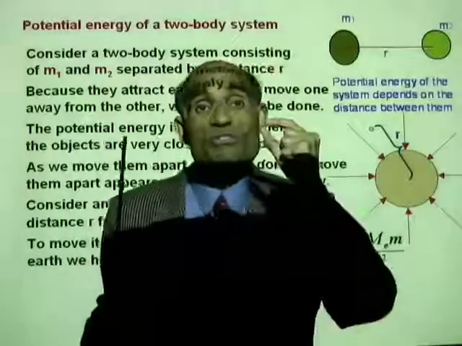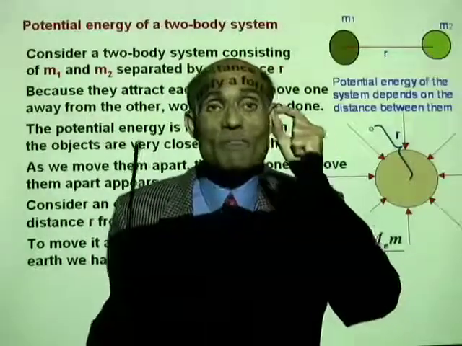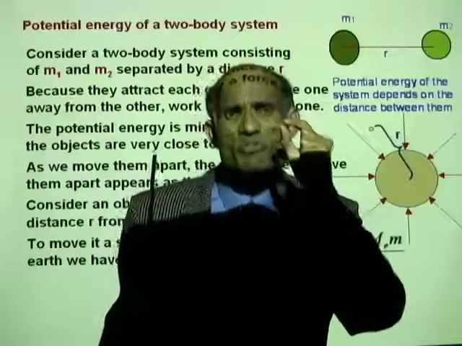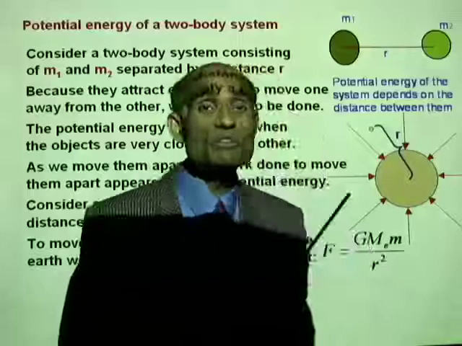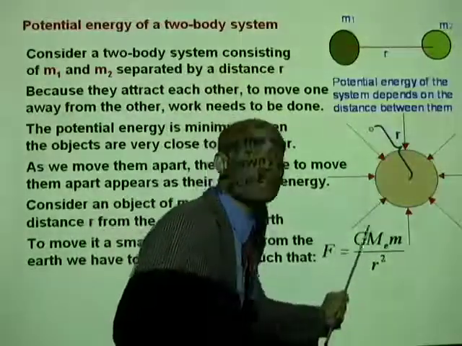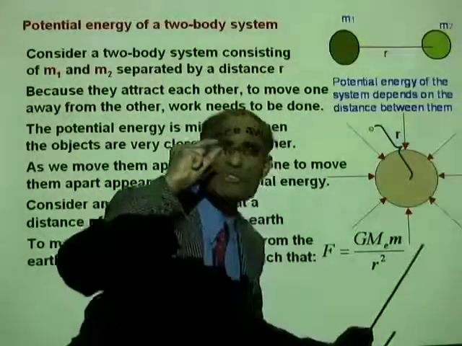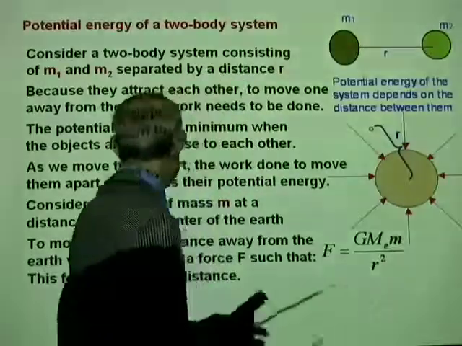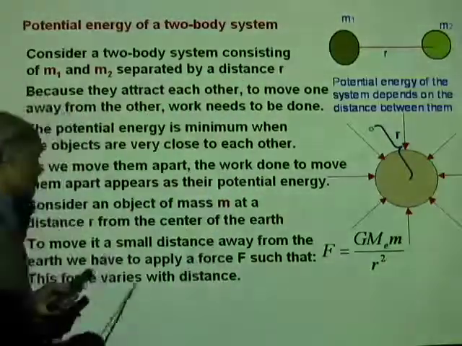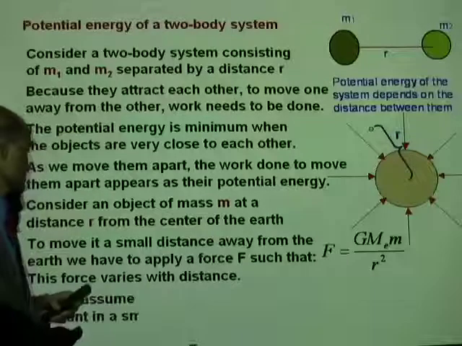So, we need to use the method of calculus. Suppose we produce a very small displacement dr. We will assume that this force will remain a constant during that very small displacement dr. That's what we're going to do. So this force varies with distance.